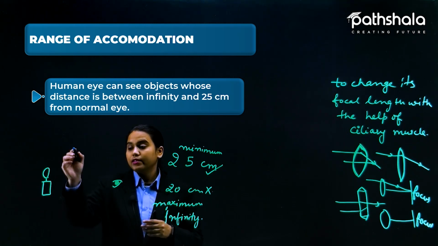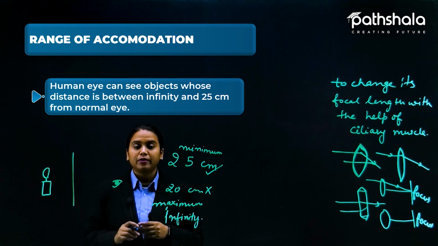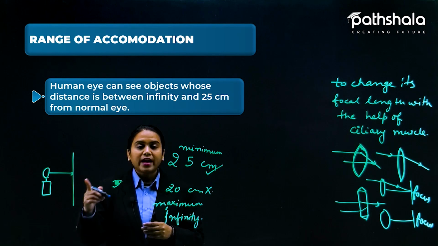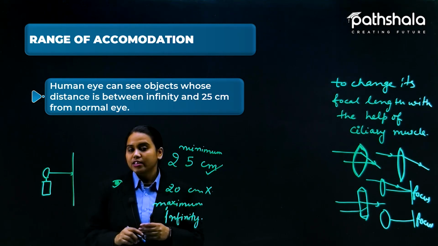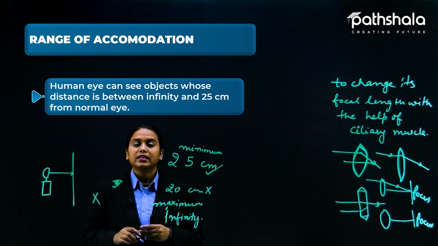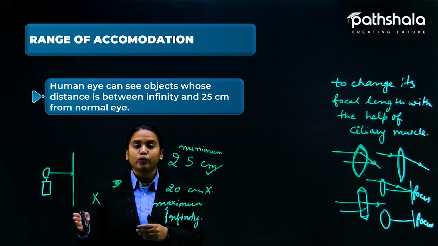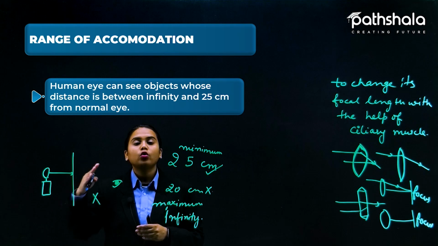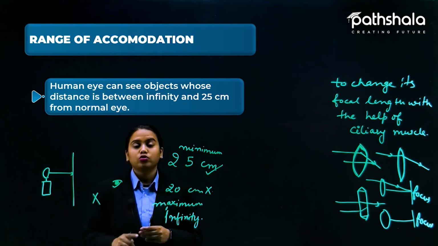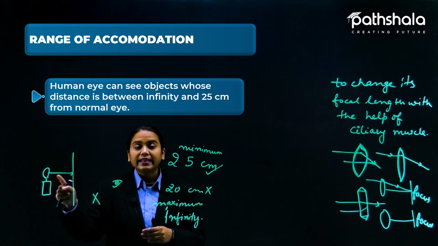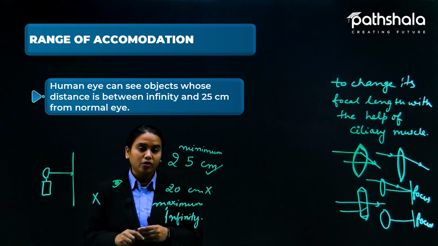But when some object comes in between, the light is going to get obstructed. Now light is not entering your eyes, that is why you are not able to see the candle. But if nothing comes in between, even if it goes till infinity, you are able to see the thing because of the light that enters your eyes.